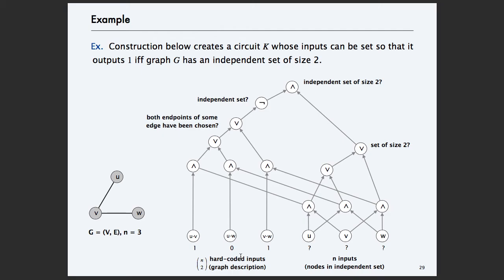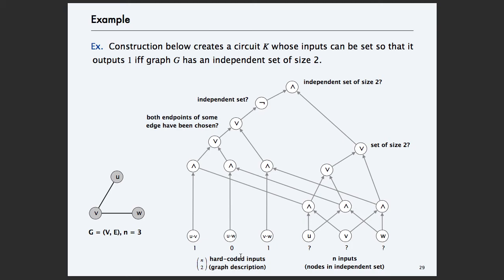I can basically build a circuit that would give me whether the set is of size 2, and this would tell me, have I chosen both endpoints of one edge?